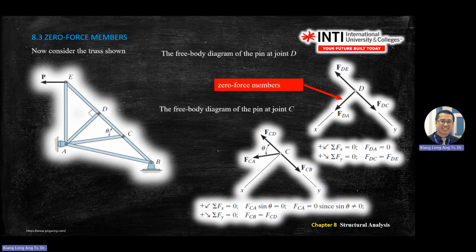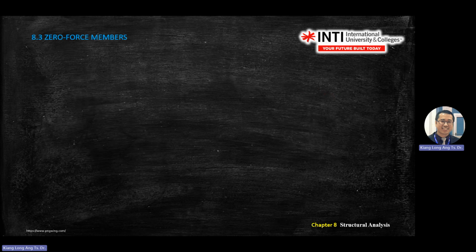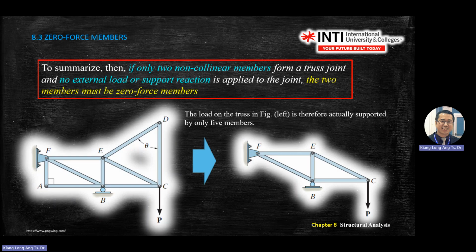In the further assessment question, the first slot will always ask you to spot and identify zero force members. You need to write the statement, either this one. You don't need to write it 100% like this, but what I'm looking for is what is in blue color and yellow color.